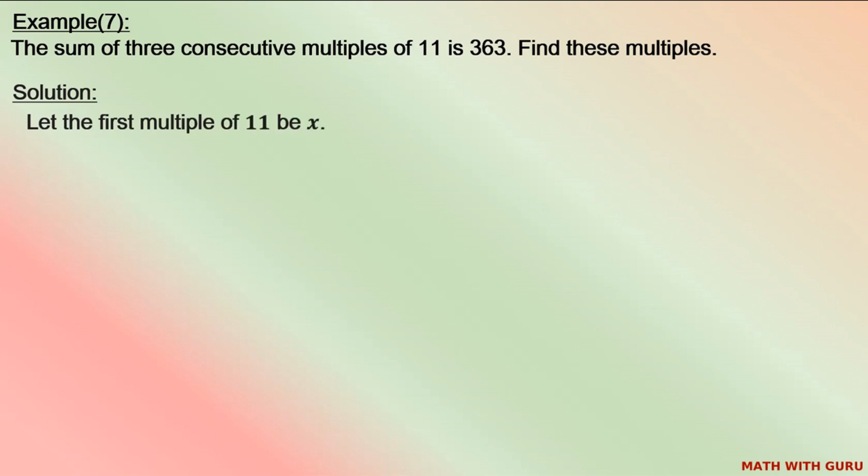How do we find out the next multiple of 11? For example, 22 is a multiple of 11. What is the next multiple of 11? 33. How do we get 33 from 22? By adding 11, of course.